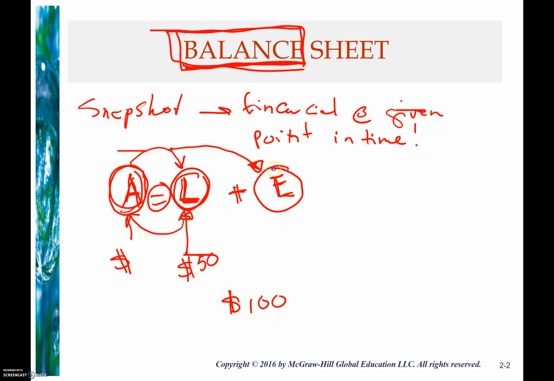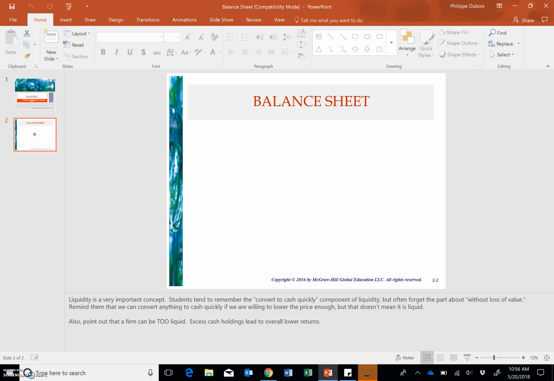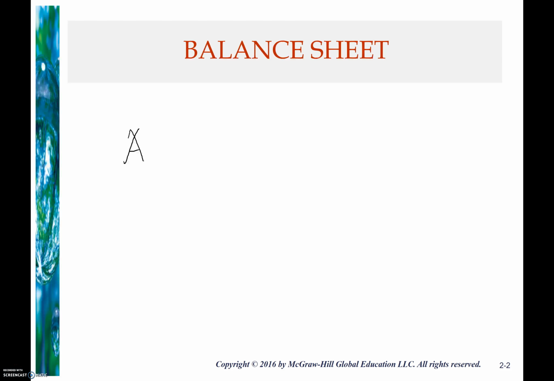You go back to some friends or some investors and they're able to give you the $50 that's left over. Okay, sorry about that. All right, let's start over with the example.